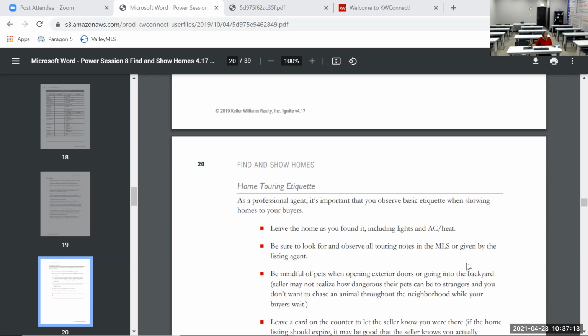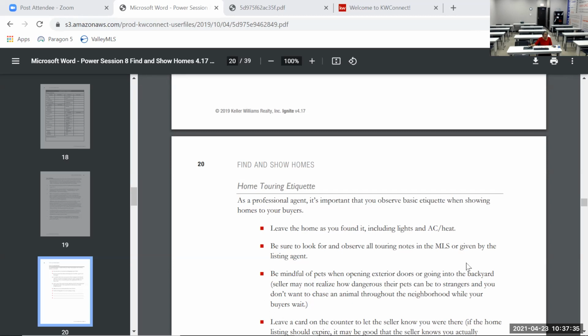the house. Now, I had a listing where I put in the notes and I put in ShowingTime. When they requested to tour the house in ShowingTime and I confirmed it, ShowingTime sent them the alarm code. I put in the MLS that there was an alarm on the house and that the code had to be set.